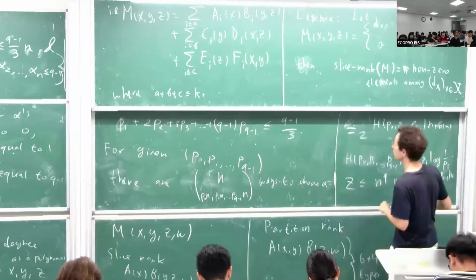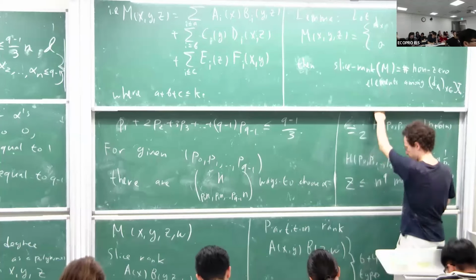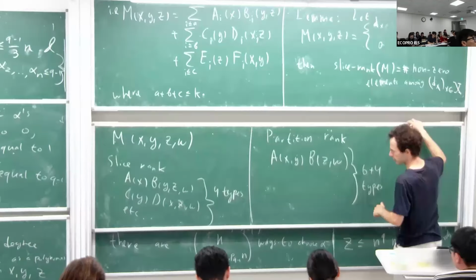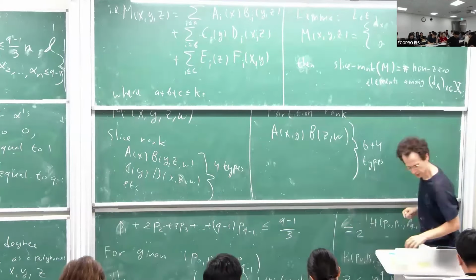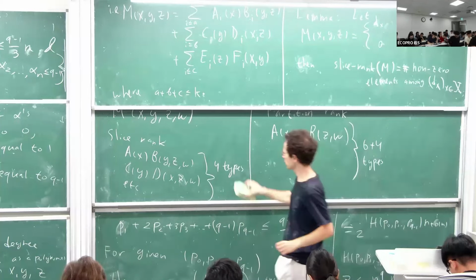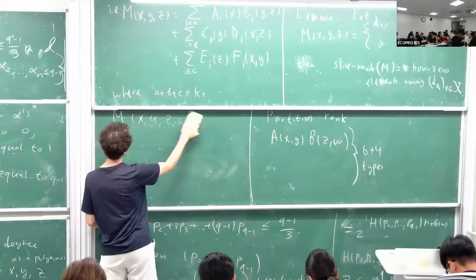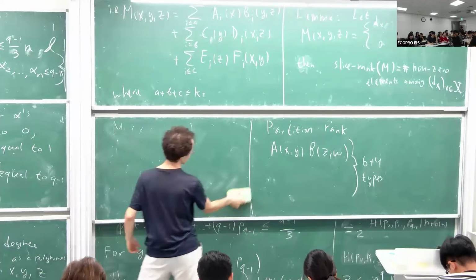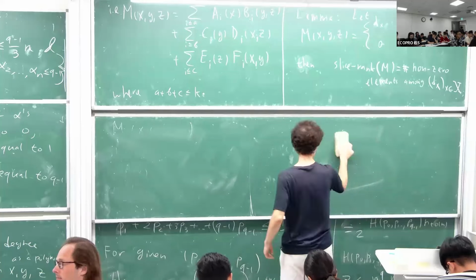Let me quickly give another application of the slice rank method, which is going to be very similar to the one we just saw, just to reinforce the method. And then we will finish. So it's about sunflowers.